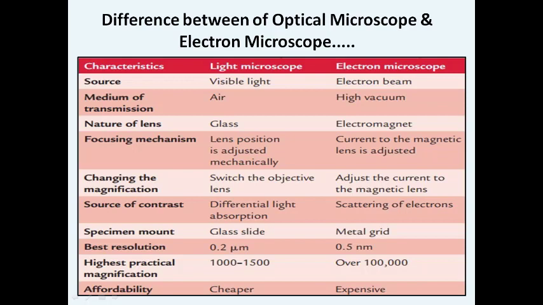So it is cheaper compared with the electron microscope, which consists of highly sophisticated instruments like electrostatic or magnetic lenses, and a high potential difference between the metallic cylinders, or high potential difference accelerators for the electrons, because we need to accelerate the electrons in the order of kilo electron volts. So these are highly expensive compared with a normal light microscope.